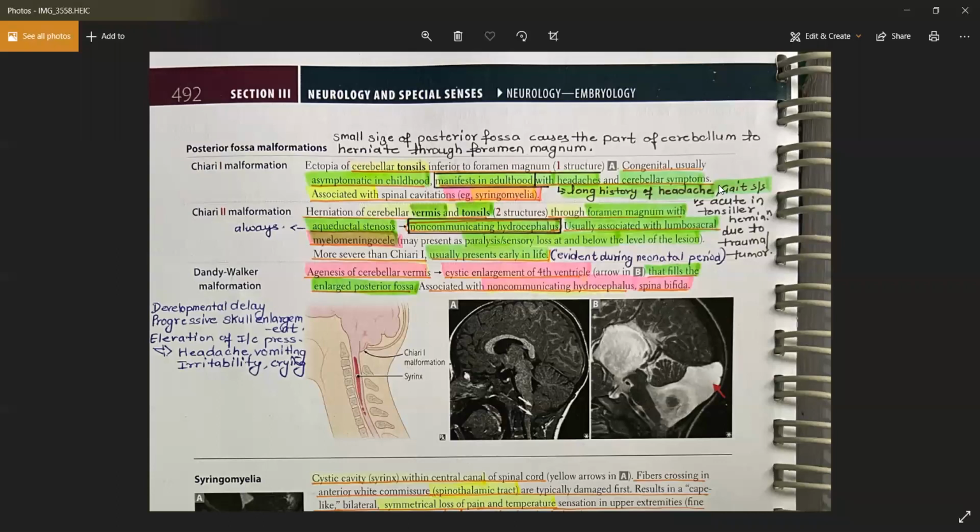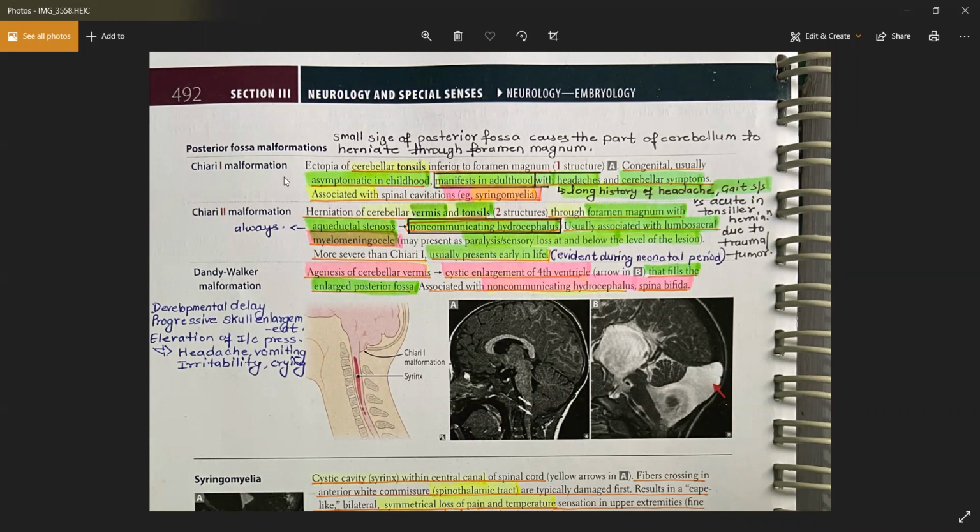You will get the headache and gait abnormalities, then the symptoms will resolve, then again you will get the symptoms. So whenever you encounter a patient with episodic headaches and you run a CT or MRI, you will find this kind of herniation. That's how you know that the patient has Chiari malformation type 1.